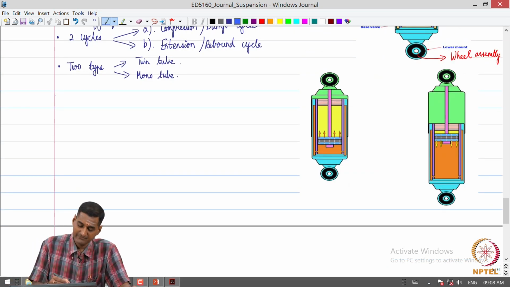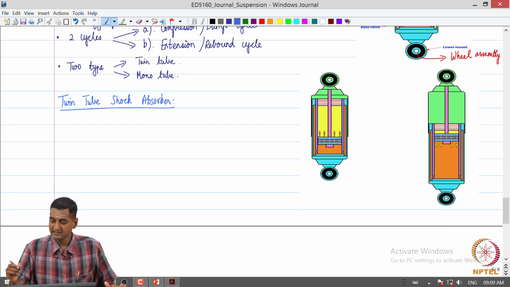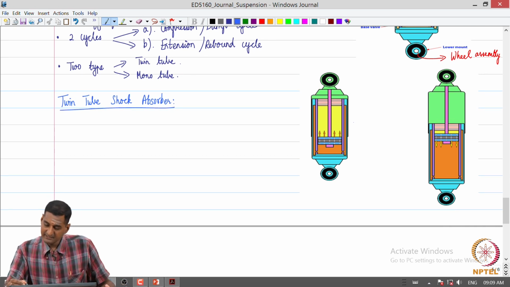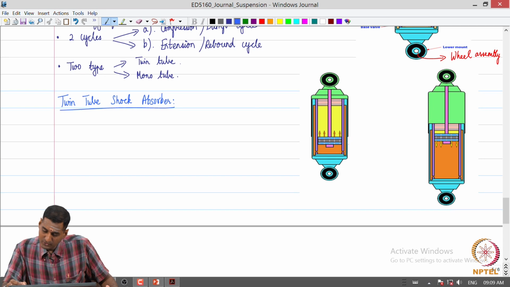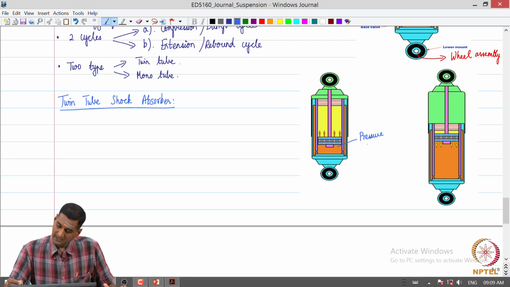So, let us look at a twin tube shock absorber. We can immediately observe that there are two tubes. This central one is called the pressure tube.